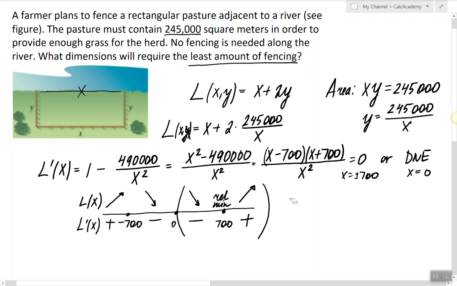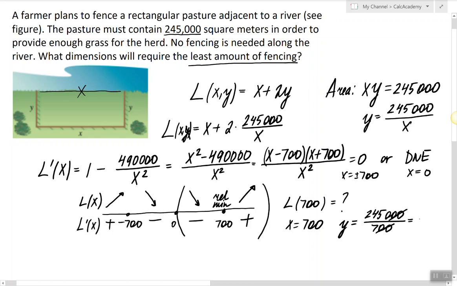So we can find the function at 700, but the problem is not asking for what is the total length. It's asking what are the dimensions that will guarantee that it's the least total length. So the dimensions are x is 700 and y is, to find y we're going to use the constraint, so 245,000 divided by 700.